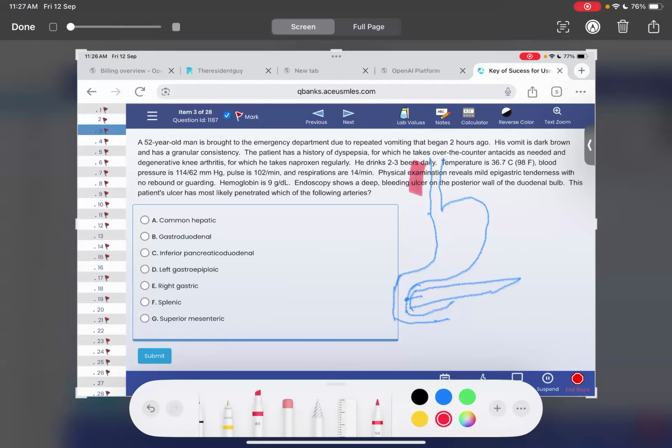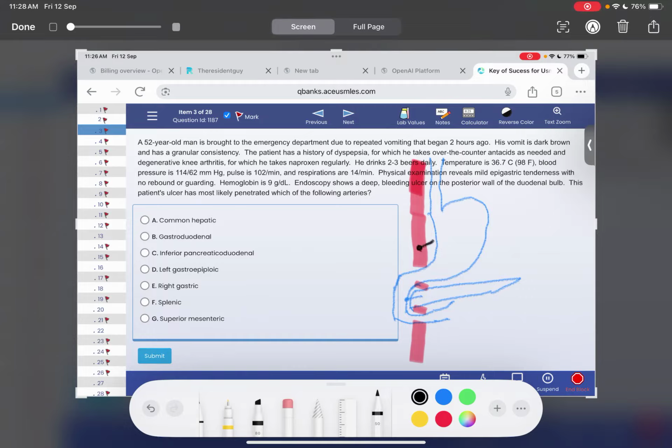This is the abdominal aorta coming down, and here is the branch that is called the celiac trunk. So the first branch of the celiac trunk, anyone?